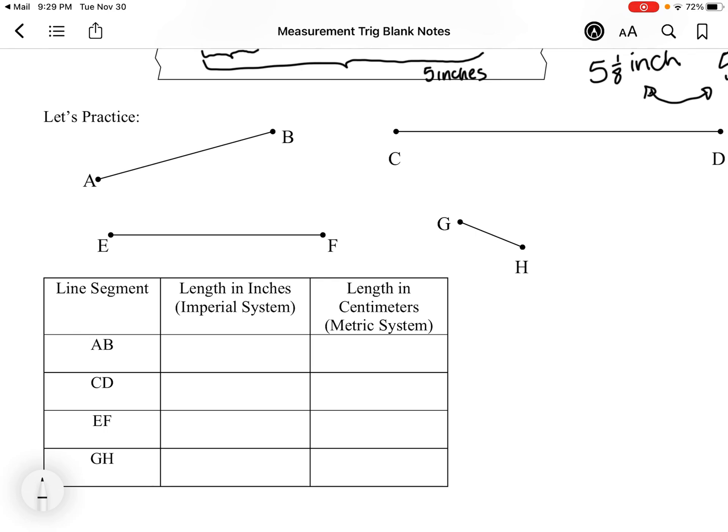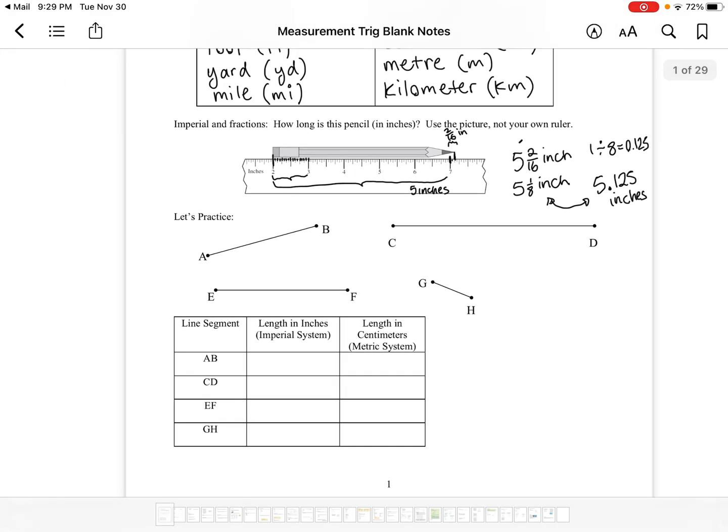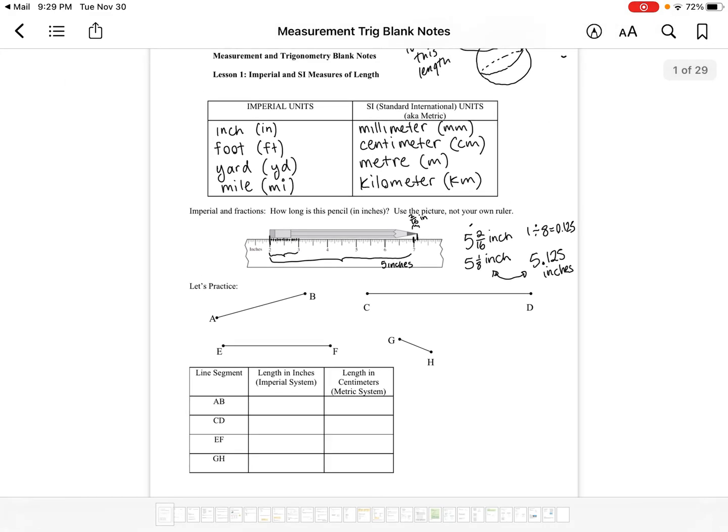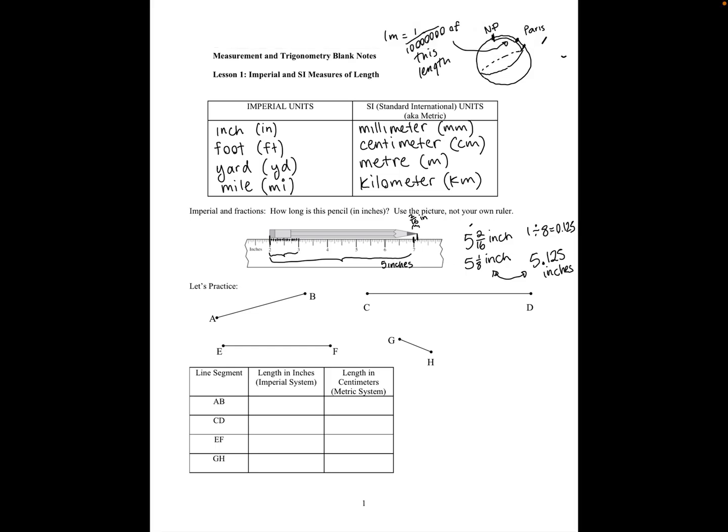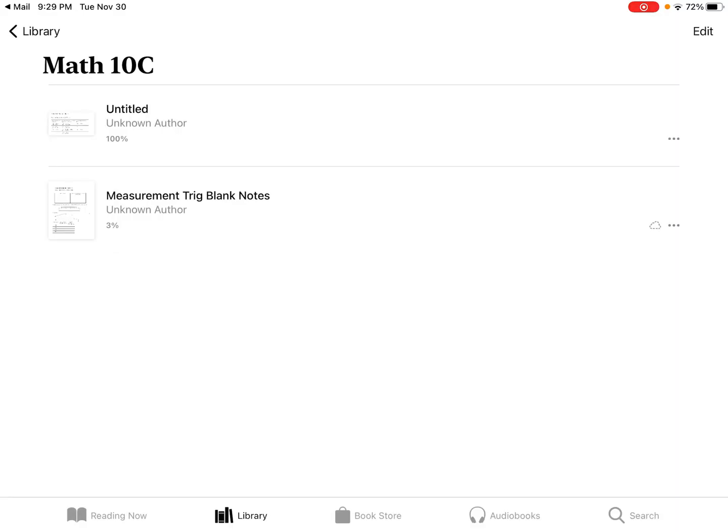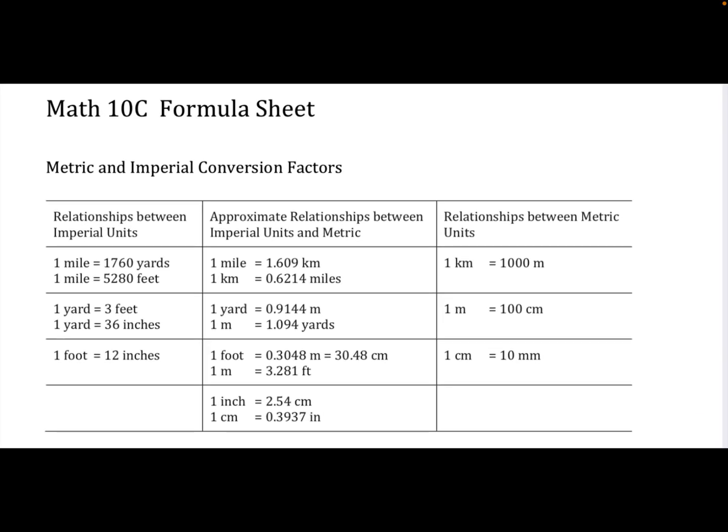The other thing that I wanted to just mention before we move on is show you something on your formula sheet, actually. So I have that up here. And the first part of your formula sheet shows you all of the conversion factors between all of these various units. So on the first column, you have relationships between imperial units.